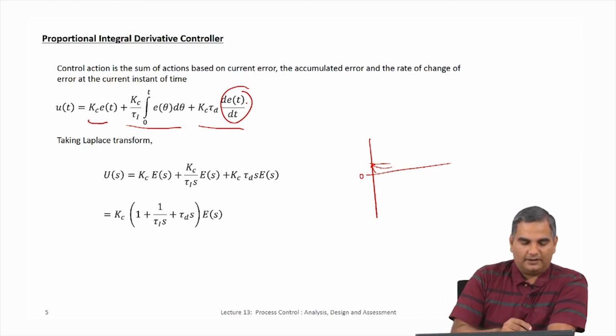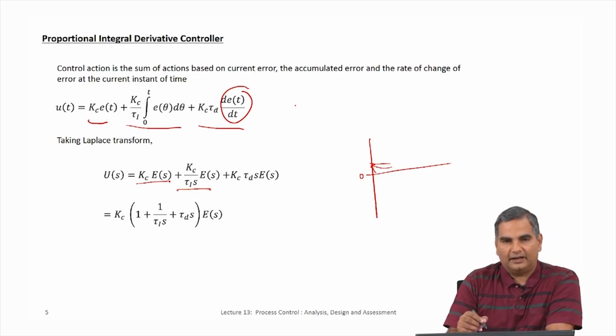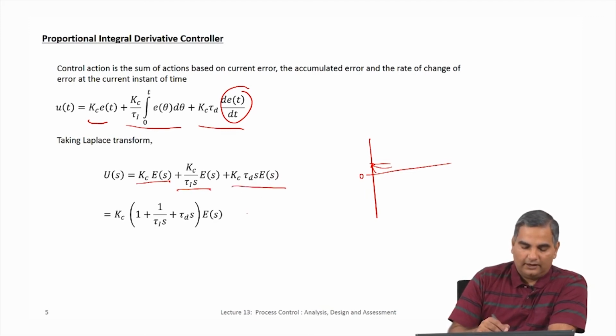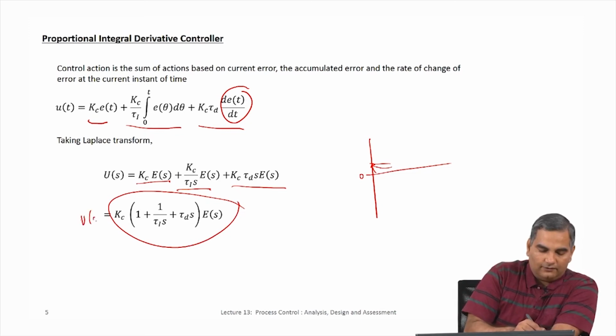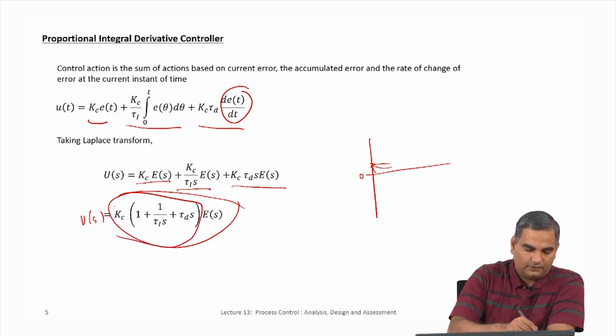Now, if you do the Laplace transform of this, the first term is Kc Es, the second term we did in the last slide. If you assume that the error is initially 0, then this is Kc tau ds Es, which is also something we have seen, and if you simplify this, you will get this equation. And again, since U of s is some controller function times E of s, the controller function is the following here.